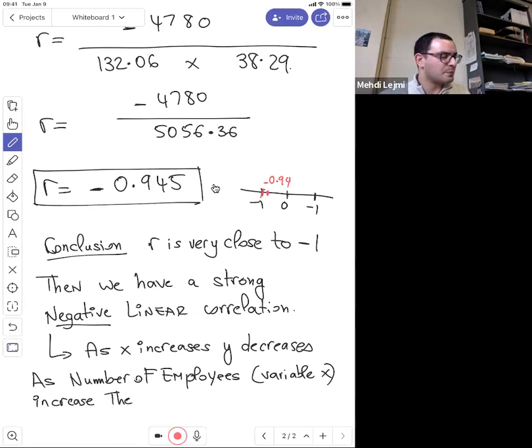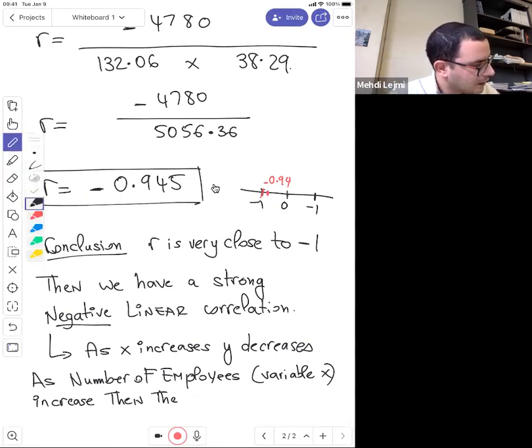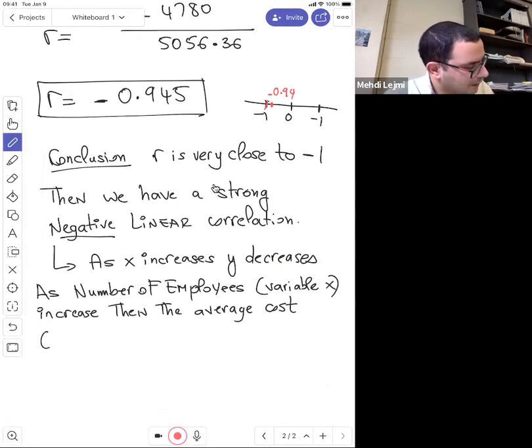And what's Y? Y represents the average cost as a percentage of claims. So as the average number of employees, the variable X, increases, the average cost, represented by the variable Y, decreases.